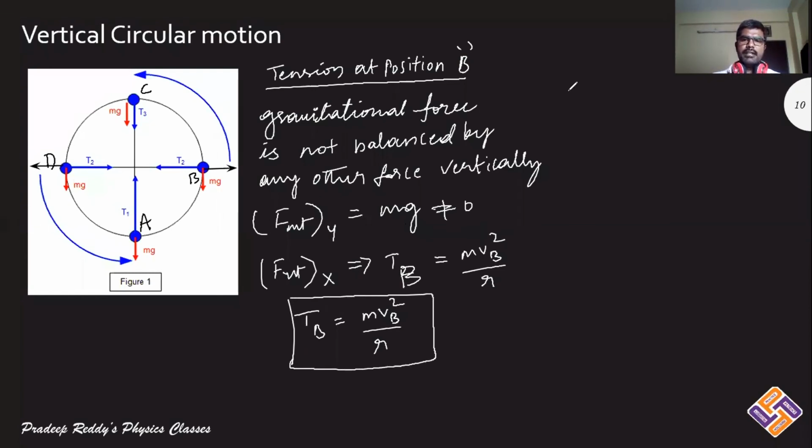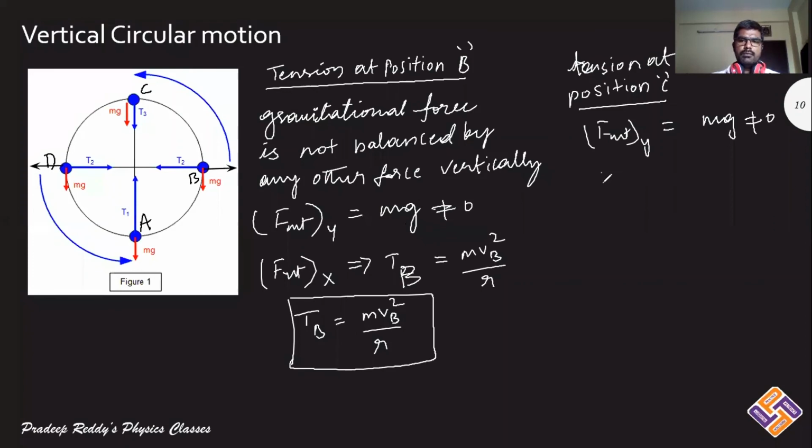Likewise, you can calculate tension at D. F net along the y direction is equal to mg, which is not equal to 0.